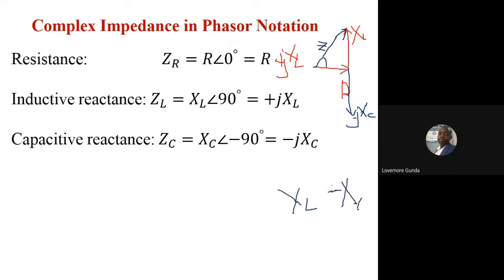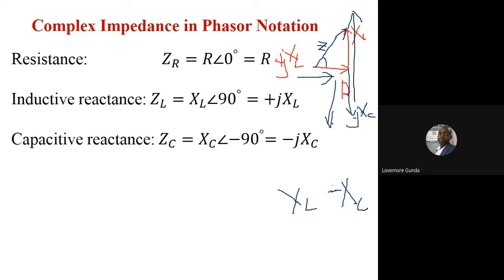Because they are on the same axis, on the imaginary axis. But you cannot do straight away addition when it becomes R and X something, right? So I'm taking that slowly so that we understand what I'm talking about.